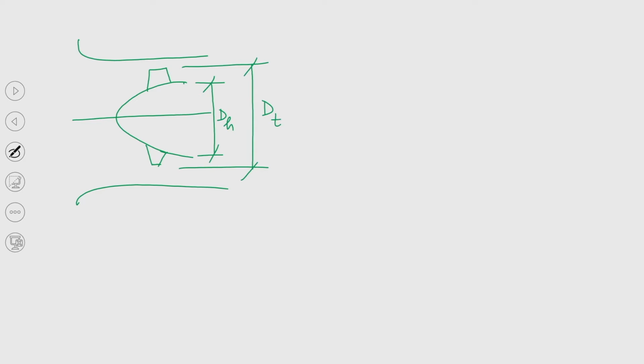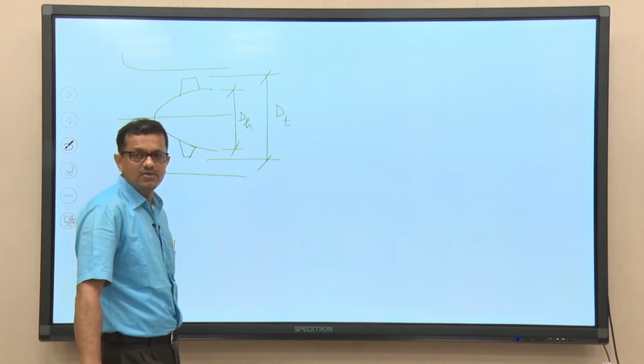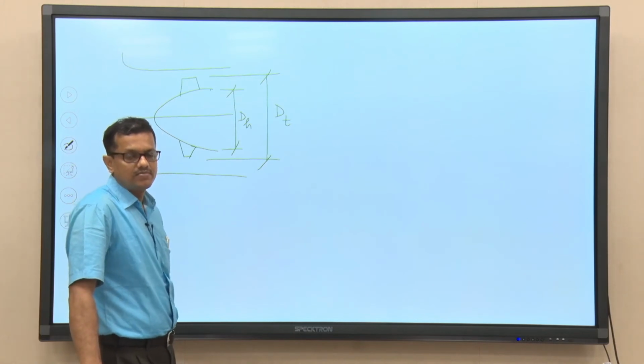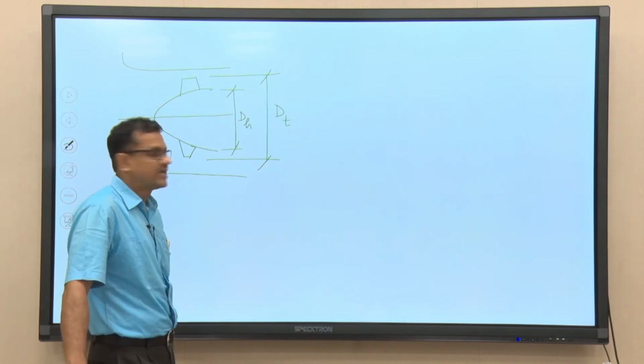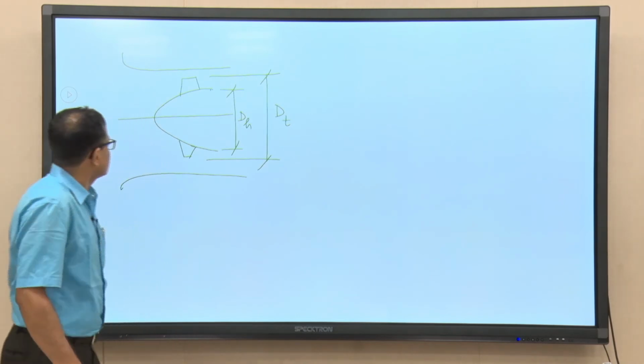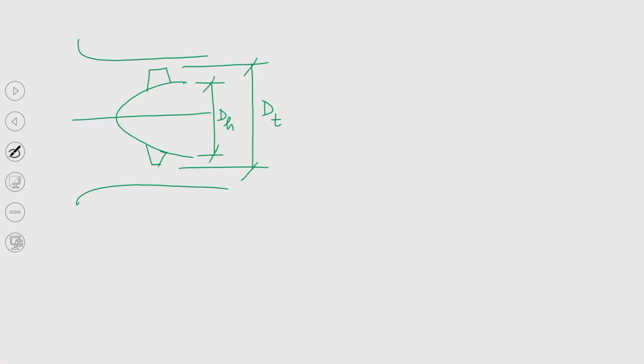In fact, we have discussed this part when we discussed different issues of the axial flow pump. So, basically this is the half diameter and the distance between blade tips is known as the tip diameter. So, this is the rotation, and as I said, this is the radial direction and this is the axial direction.